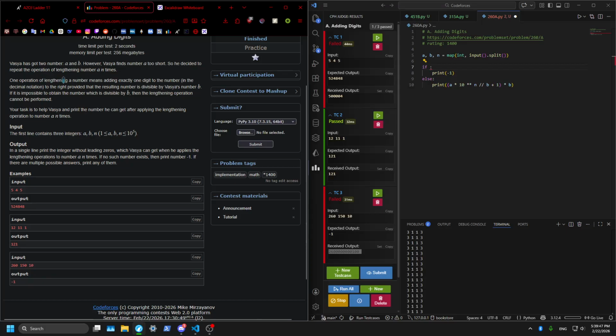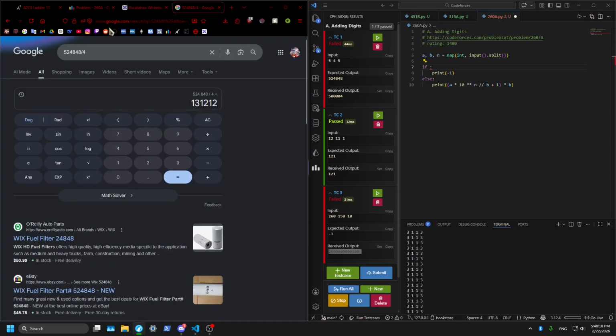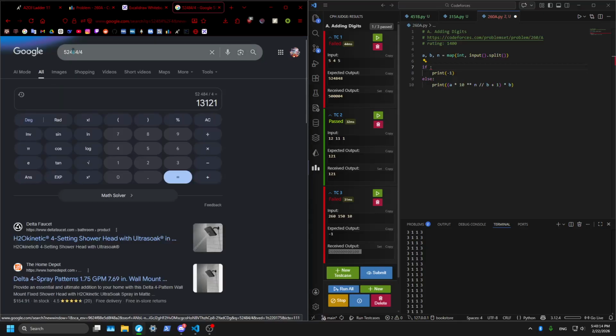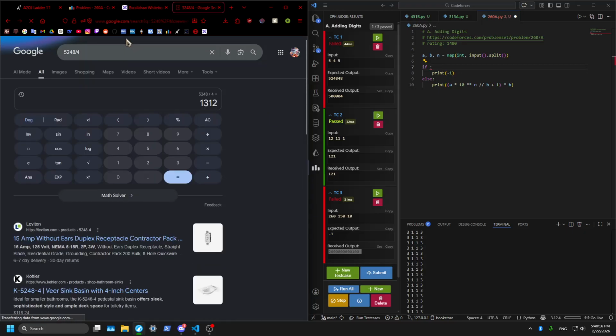One operation of lengthening a number means adding exactly one digit to the right, provided that the resulting number is divisible by b. Oh, so are they saying each of these are divisible by 4? So if I do this over here, this divided by 4, this divided by 4, this divided by 4.